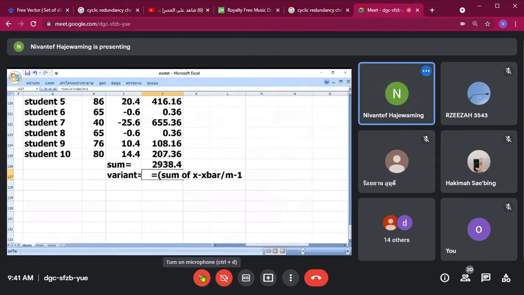Calculate like this. Yes. The sum of x minus x bar, this one, is divided by n minus 1. N, which is 10 students, minus 1 is 9.